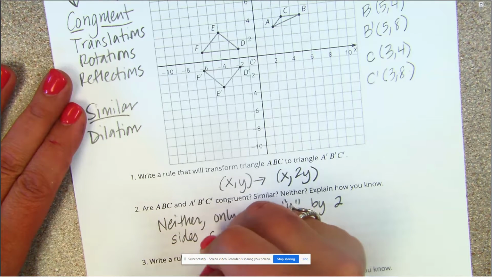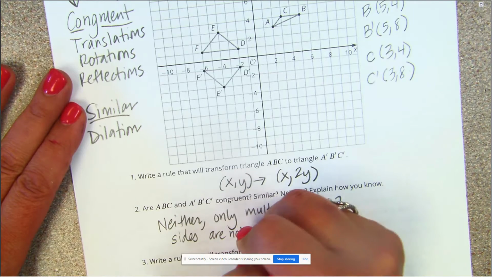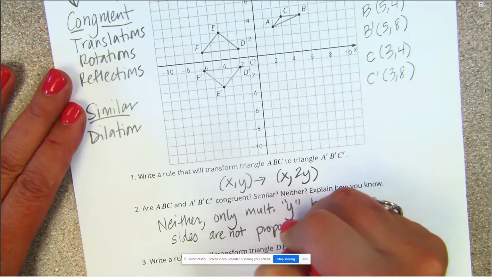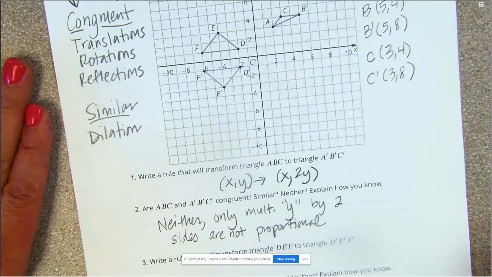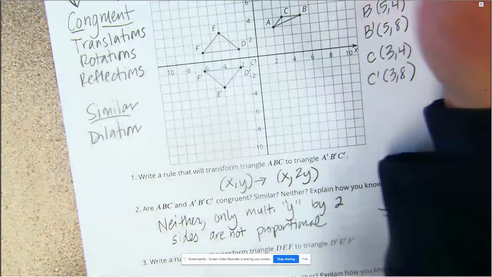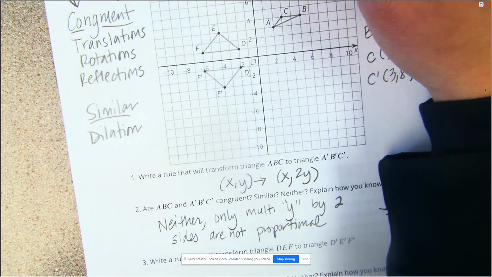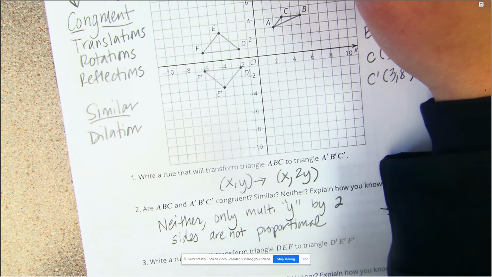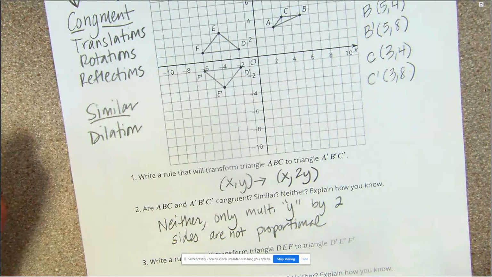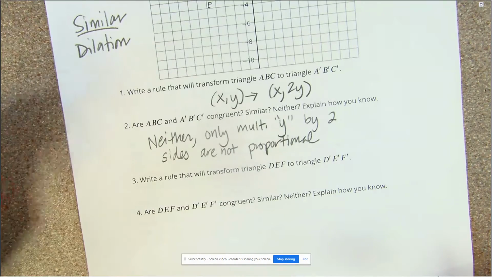The sides are not proportional. Okay, moving on. And the angles wouldn't be preserved either.